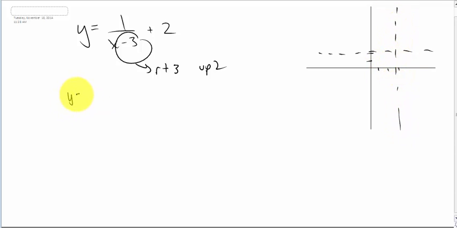How do we find the y-intercept? The y-intercept is when x equals 0. Okay, so this is going to be y equals 1 over negative 3 plus 2. So 1 and 2/3. And then the x-intercept, well, this one's a little bit trickier, but it's when y is 0.